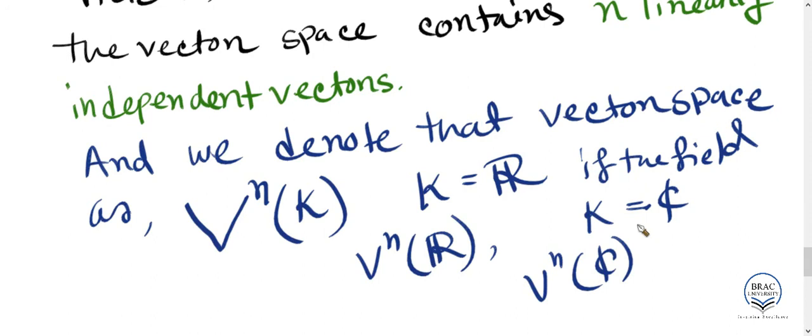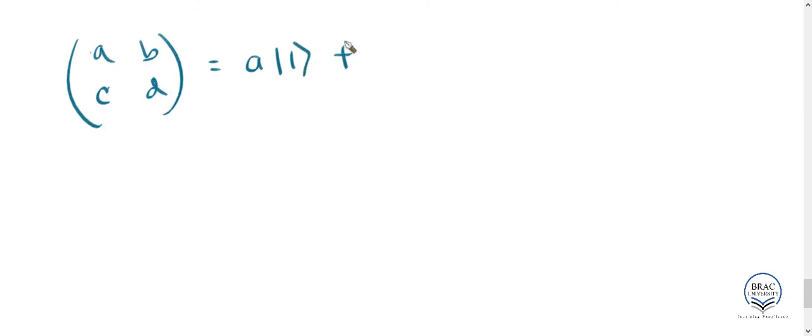So how do we find the dimension of a vector space? The definition suggests that we look for the linearly independent vectors. So again, let's take our example of the matrix that we saw, A, B, C, D, and we wrote it as A1, B2, C3, D4.